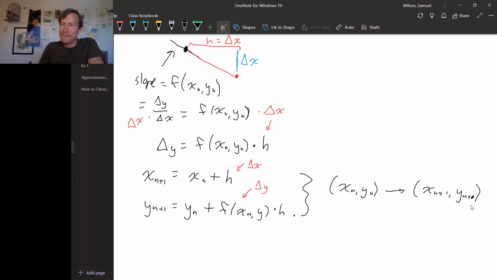Of course, once you've found x sub n plus 1 and y sub n plus 1, once you've taken one step forward, you can then turn around and take your new point, x sub n plus 1 comma y sub n plus 1, and generate another new point by using the formulas again.